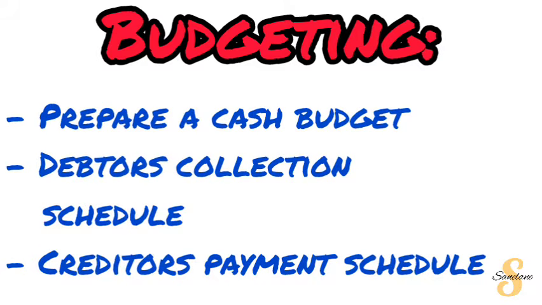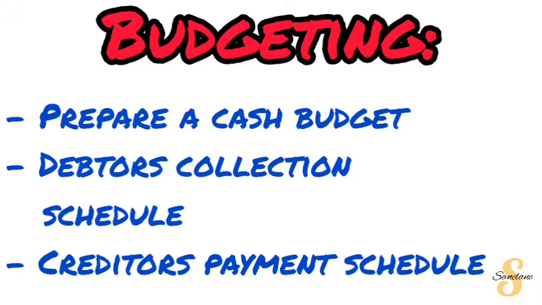Secondly, you need to be able to do a debtors collection schedule, because within a cash budget, which we spoke about as the number one thing, you are required to fill in cash receipts from debtors. To get those cash receipts, we get them from a debtors collection schedule. The same thing applies to a creditors payment schedule.